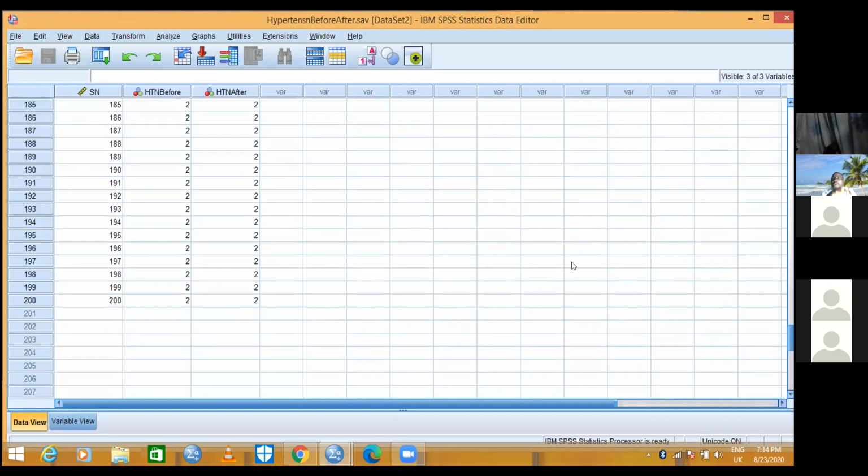It's the same group of people you take this measurement from. If let's say there are two groups, 200 and 200, when you finish entering hypertension for this group, you continue with the other one from 200 to 400. But here it's the same set of people, not a different group. So when you enter hypertension before in front, the other one will be the second one, so it's in parallel.